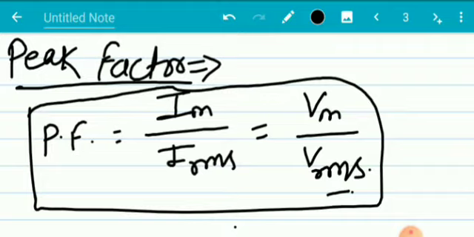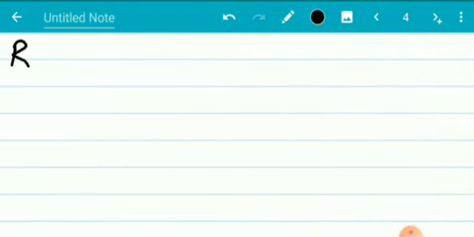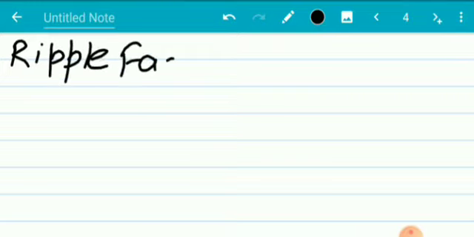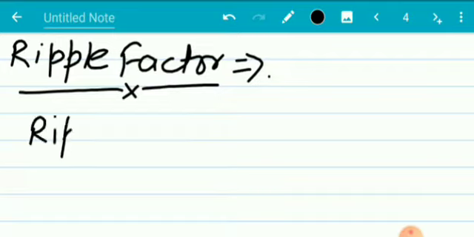And now comes the ripple factor. Before understanding the ripple factor, first of all we will try to understand what is ripple.